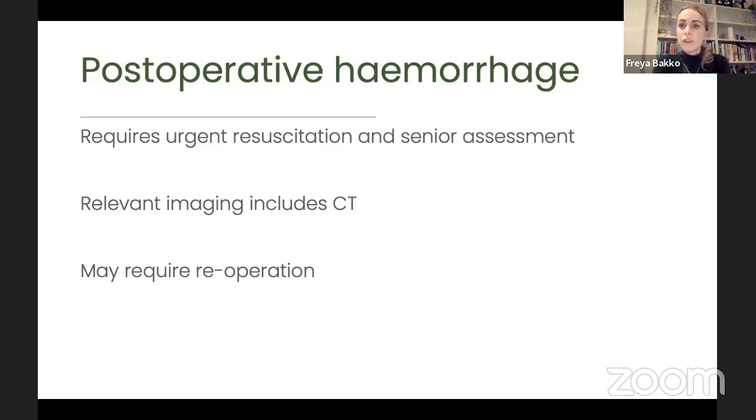So make sure any patient post-operatively with hypotension, you urgently escalate this to your senior. Most intra-abdominal post-operative bleeding will require a CT abdomen urgently, and often if bleeding is identified, the patient will require reoperation.